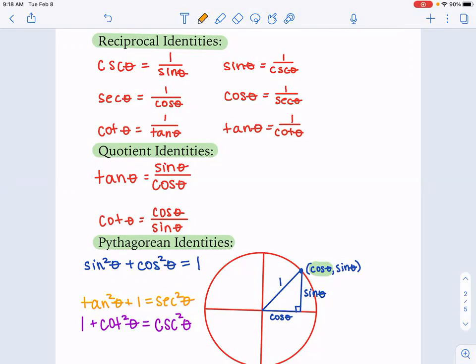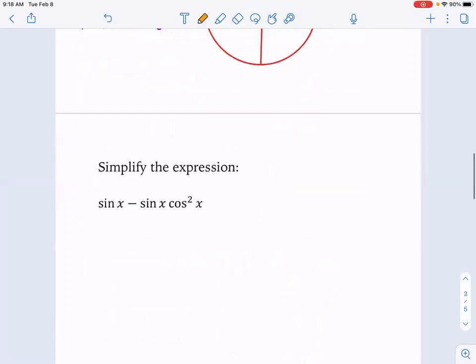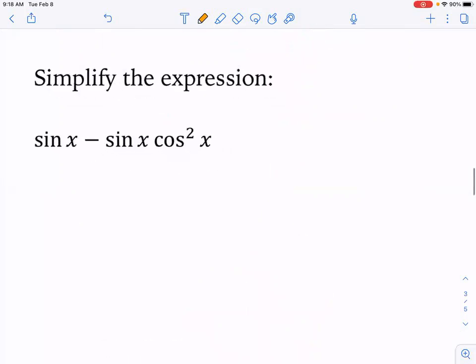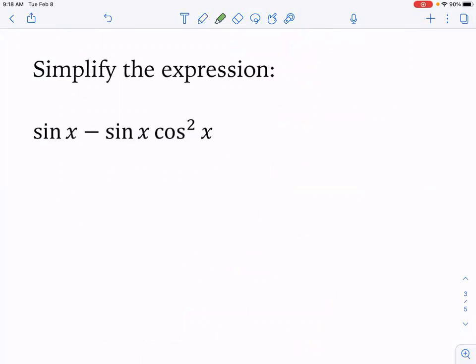Now what are we going to do with these? Our goal today is to take expressions and simplify them. So here's our first example in this set.